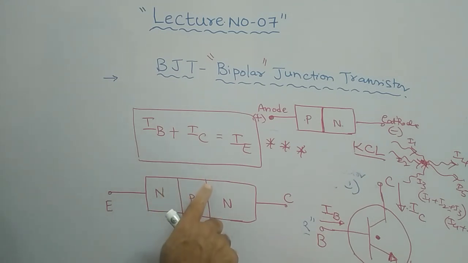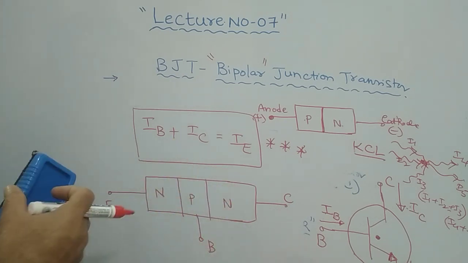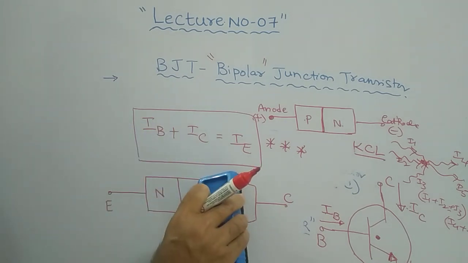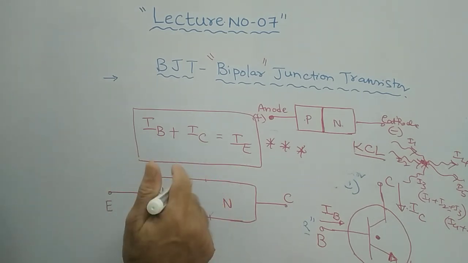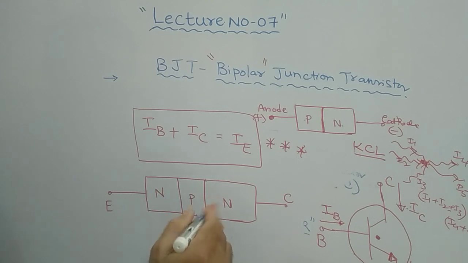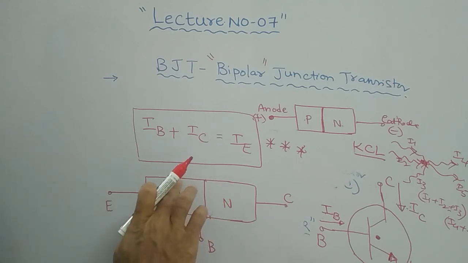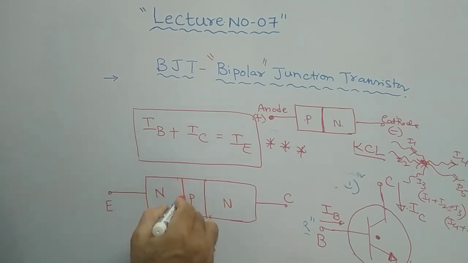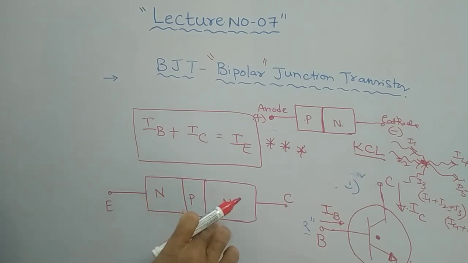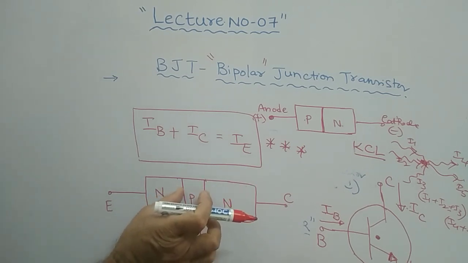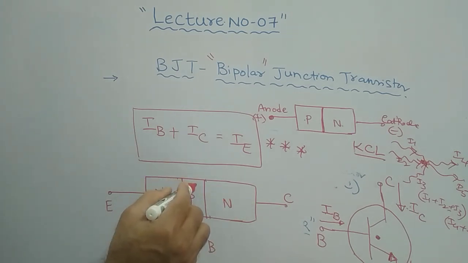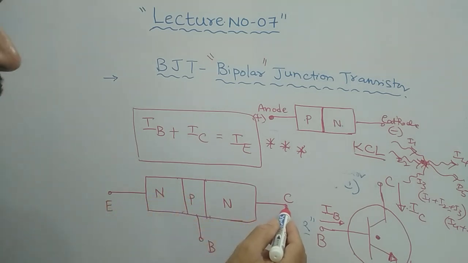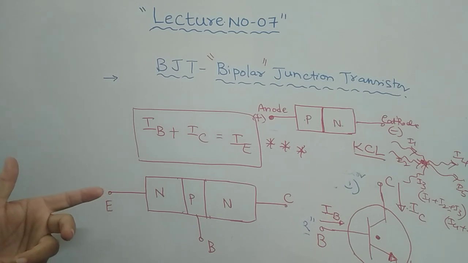The base terminal is always thin; the width is very small compared to the collector and emitter. The base terminal is very thin because it is lightly doped. Emitter is heavily doped, your base is lightly doped, whereas the collector terminal is moderately doped.